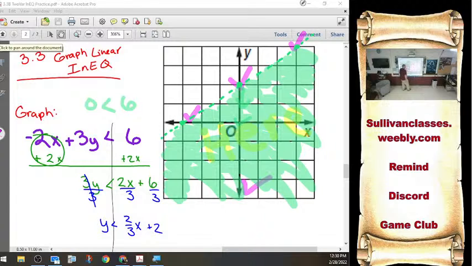Did we shade the right way? Do we got the work to back it up? Now, if our work was off, that means our whole graph is going to be off. So am I allowed to erase that and talk about hypotheticals here? Everyone who needs it got it? Okay.